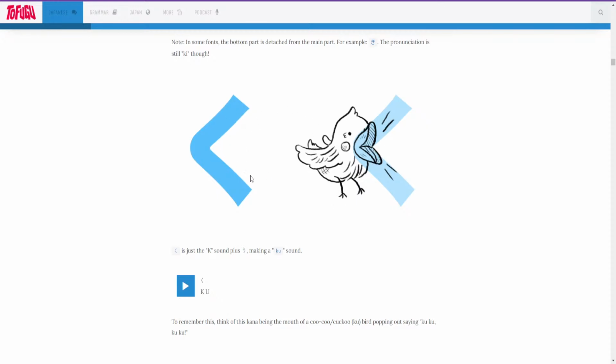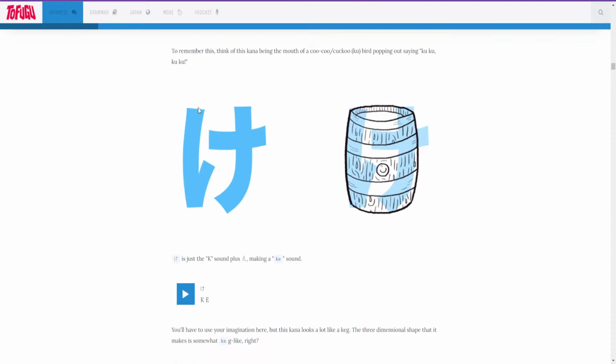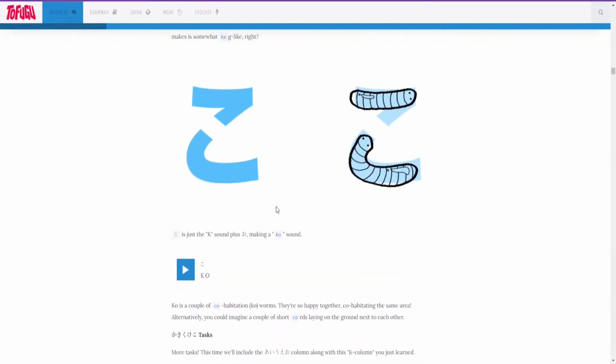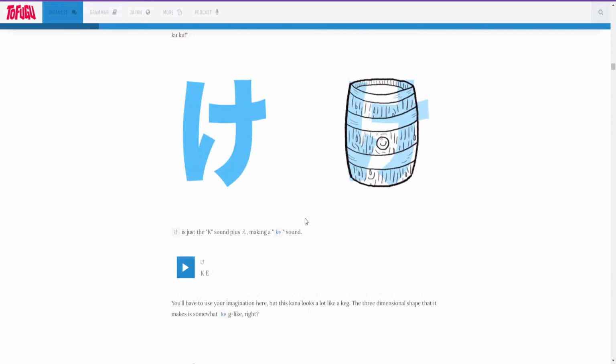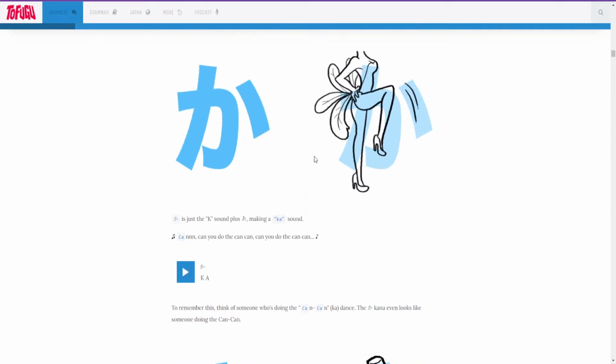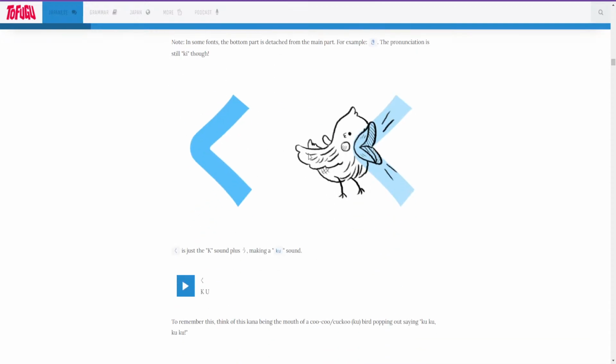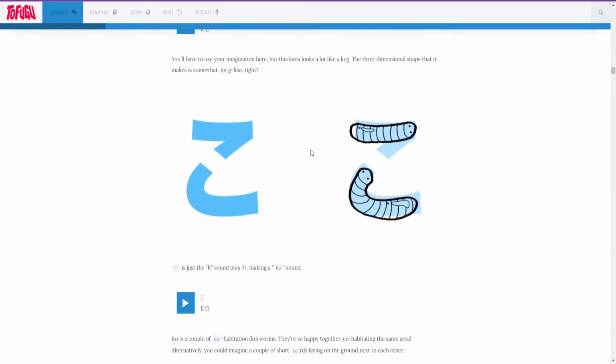Ke is kind of rounded on the sides here, which makes it look like a keg. Ko has 2 little worms here just vibing, living with each other, co-inhabiting the same area. So for Ka, we have Ka, Ki, Ku, Ke, Ko.